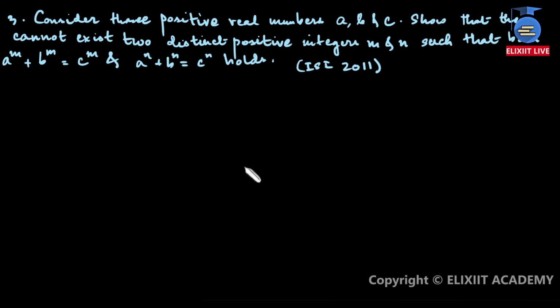Now there are various proofs for this particular thing. A lot of methods are there for just proving this. They have asked to simply show that they are not simultaneously holding. So first of all, you understand this thing in ISI Entrance.